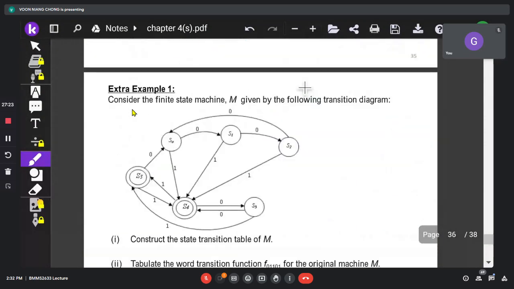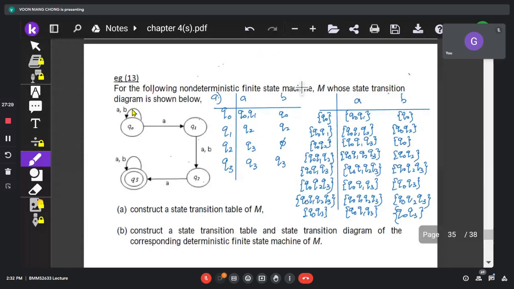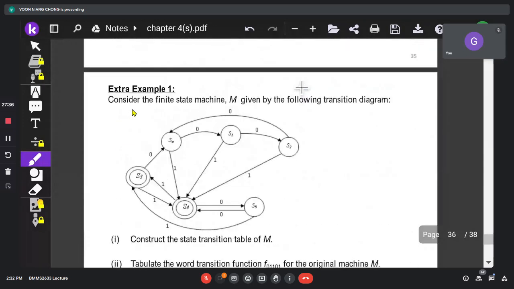This one is done already. Okay, so we still have an extra example. For non-deterministic, do you still have questions? Okay, ready. For the extra example, yesterday I also showed you one already.